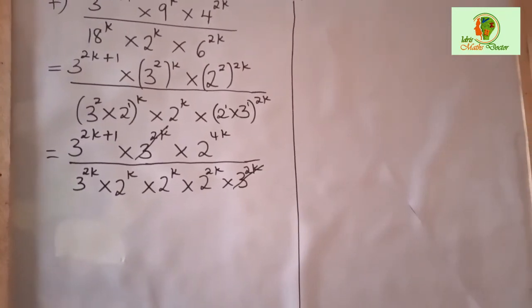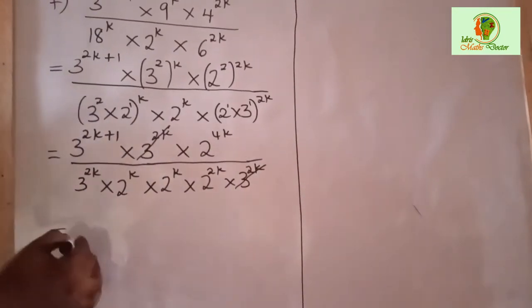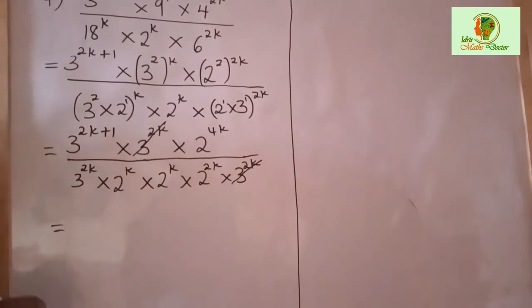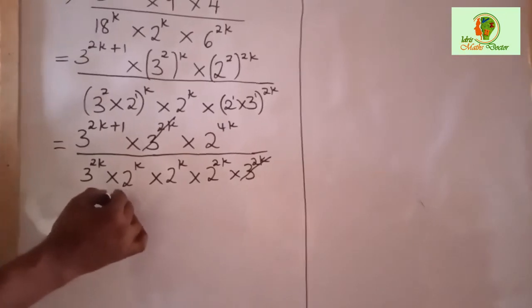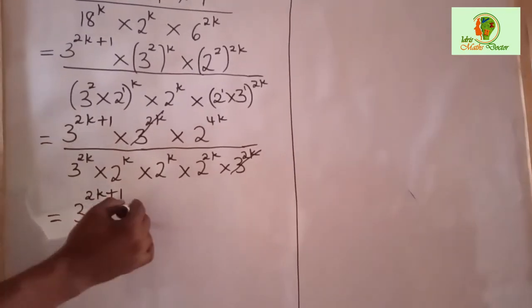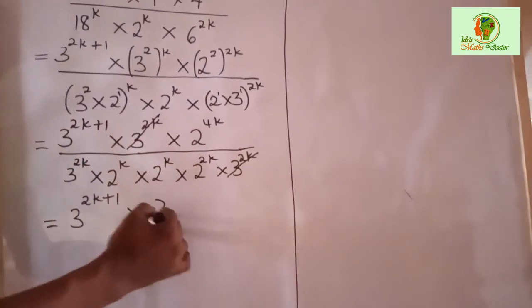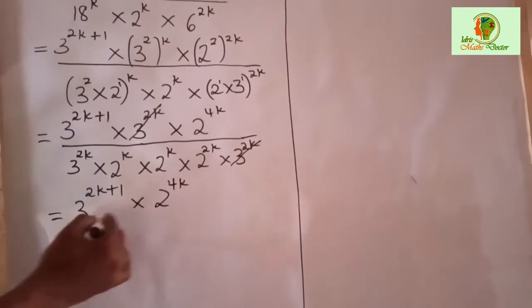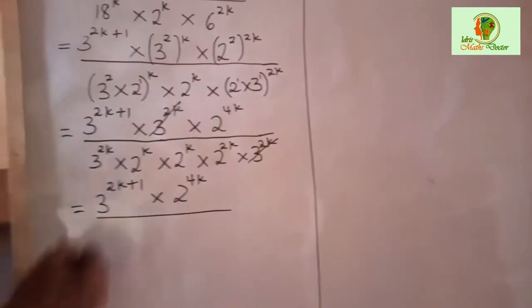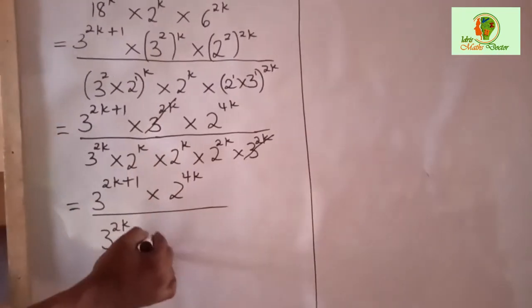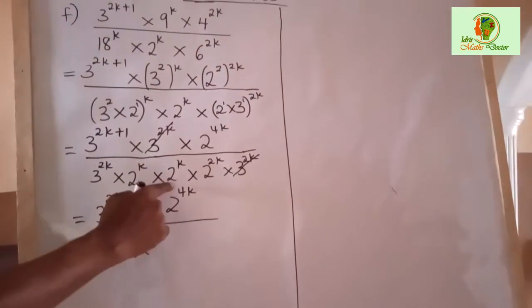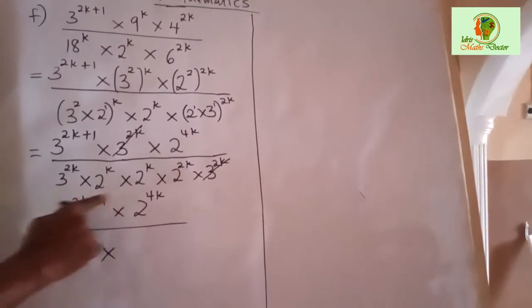Let's bring out what we have left after the cancellation. Numerator, we have 3 raised to power 2k plus 1 times 2 raised to power 4k all over 3 raised to power 2k, times the base here is 2, the base here is 2, the base here is 2. Since the bases are the same, we can easily pick 1 and do what to the powers?